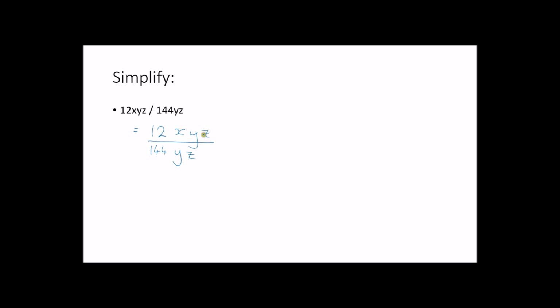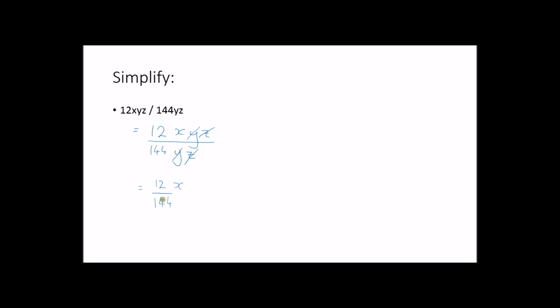Now, if we do z divided by z, well, we know that anything divided by itself is 1. So when we're doing division, these cancel. So they effectively disappear. Now we've got y and y, they also cancel. So we're left now with 12 over 144x. So we've got no x's to cancel, but it would be nice if we could simplify this.